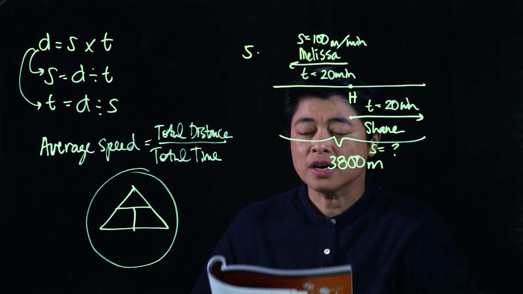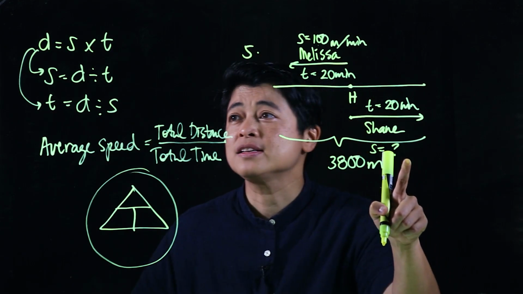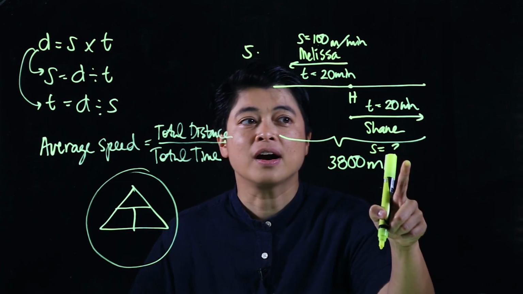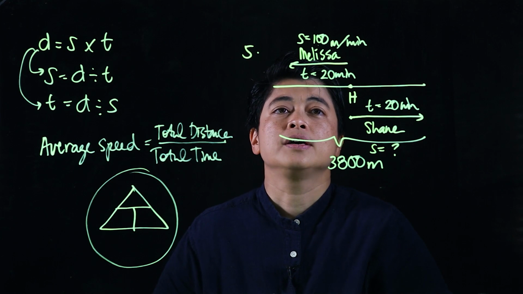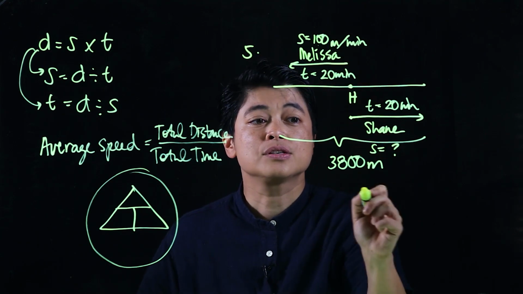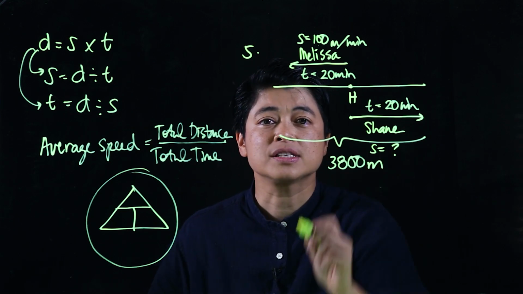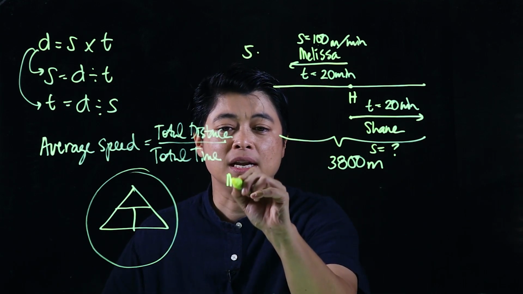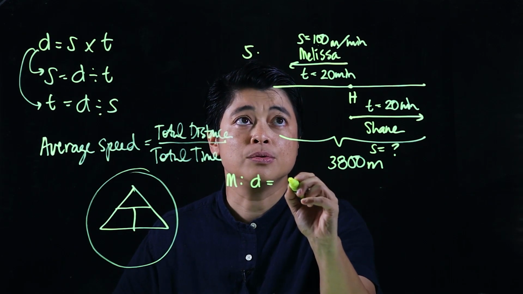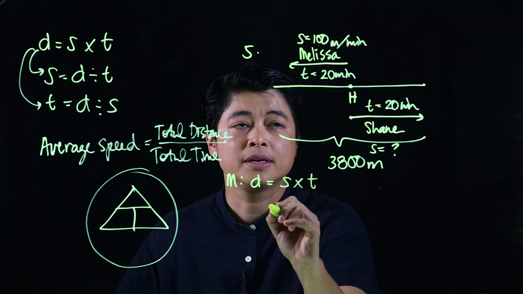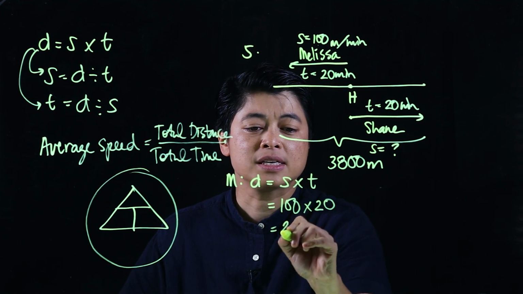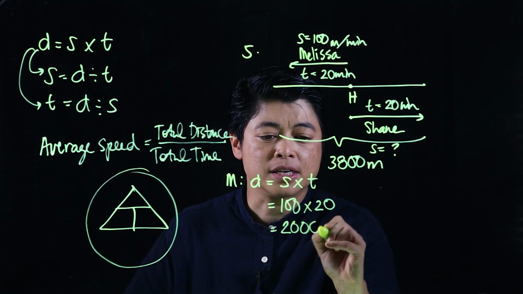In order for us to do that, we need this formula, which means we need to figure out how far Shane jogged. But to do that, we need to first figure out how far Melissa jogged, so that we can take it away from 3,800. We'll start with Melissa. Distance is equal to speed times time. The speed is 100, the time is 20, which means that's 2 with 3 zeros.